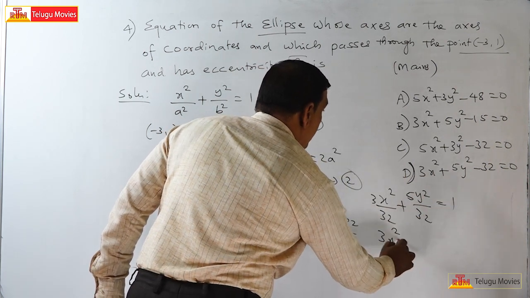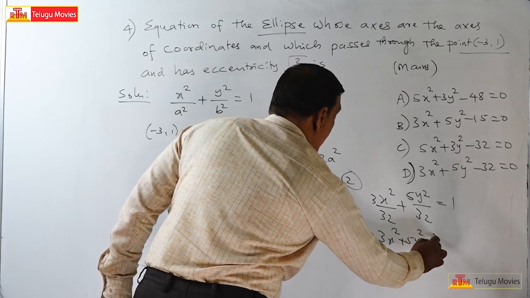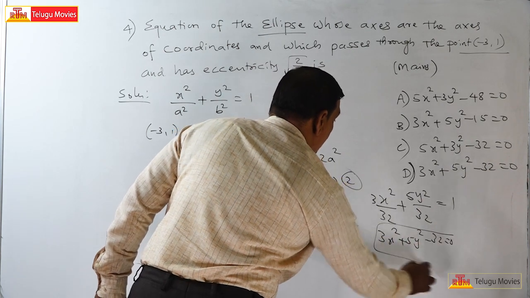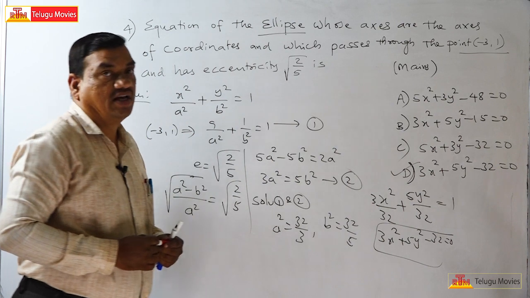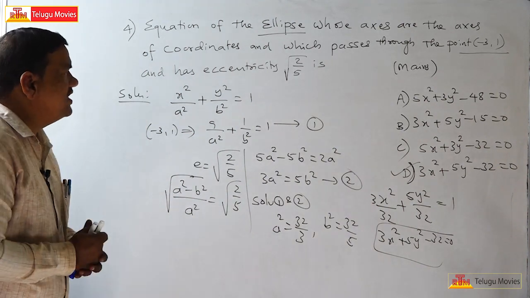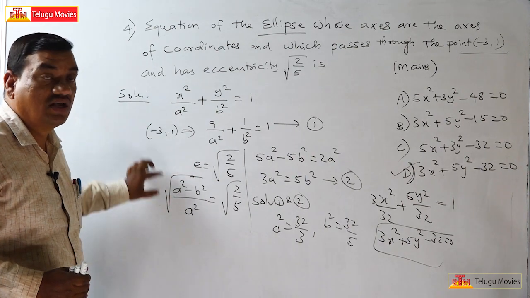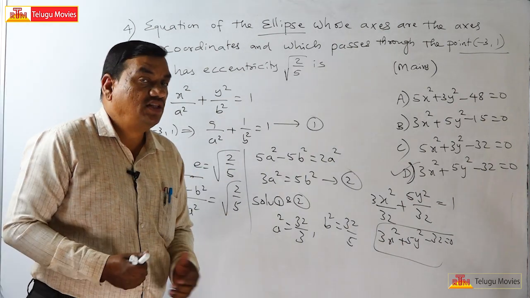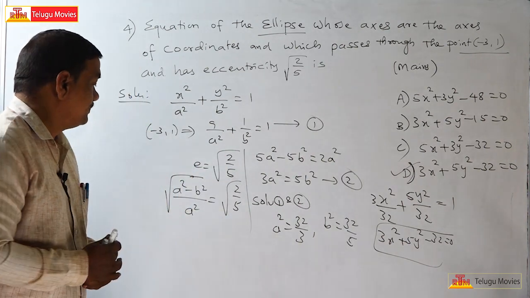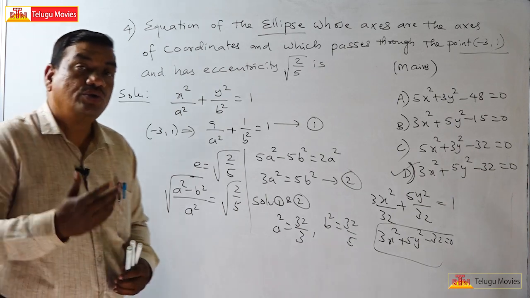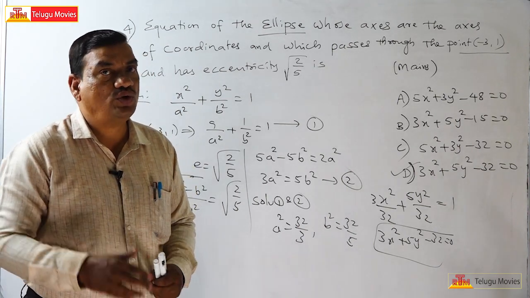So this is 3x square plus 5y square minus 32 is equal to 0. Option D is the correct answer. Okay, now. So very easy problem. Just two pieces of information are given, we substituted and we get the answer. Okay, now. So I hope that you understand this solution. Let us move to next problem.